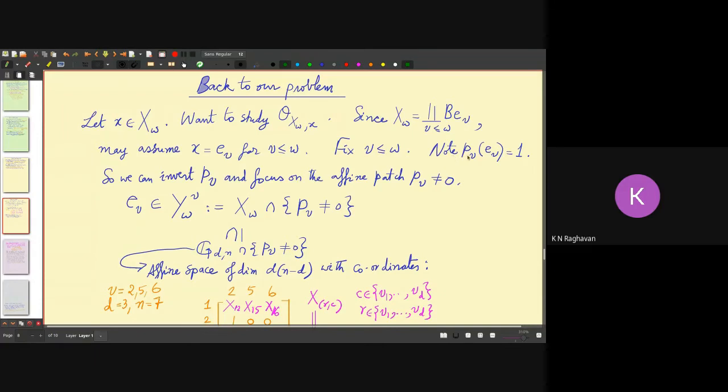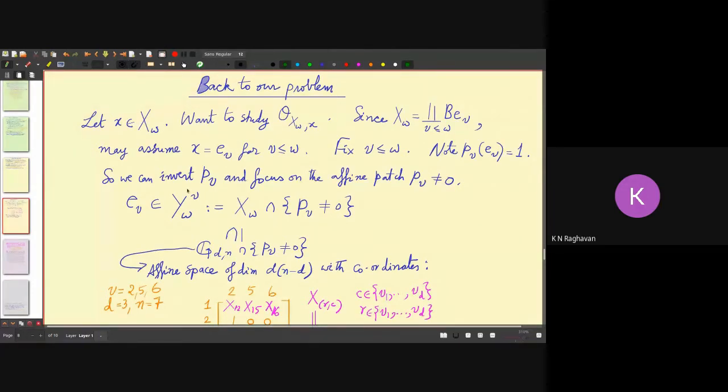I can observe that the coordinate P_V on the point e_V is 1, so it's non-zero. So we can invert P_V, because I'm interested in the neighborhood of this point. I don't need to worry about the whole of X_W. I only care about neighborhoods of e_V. So I can invert P_V and focus on the affine patch P_V not equal to 0.